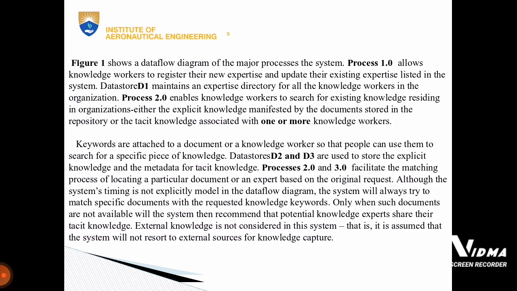Data stores D2 and D3 are used to store the explicit knowledge and the metadata for tacit knowledge. Processes 2 and 3 facilitate the matching process of locating a particular document or an expert based on the original request. Although the system timing is not explicitly modeled in the data flow diagram, the system will always try to match specific documents with the requested knowledge keywords.